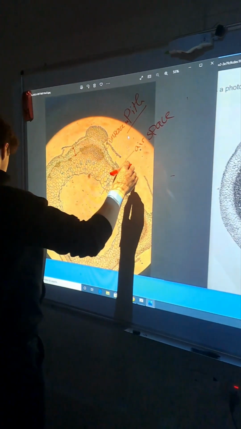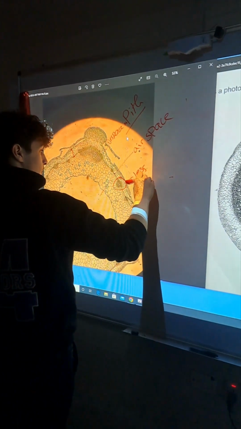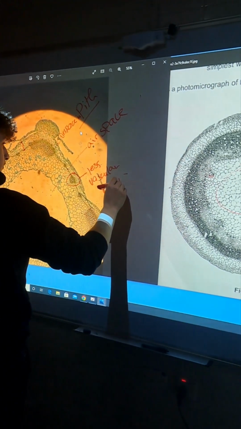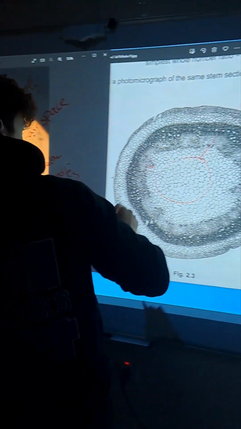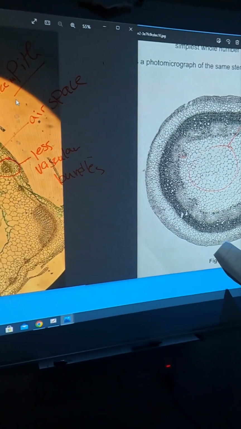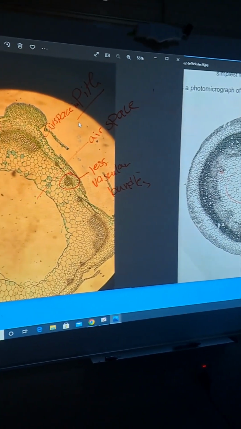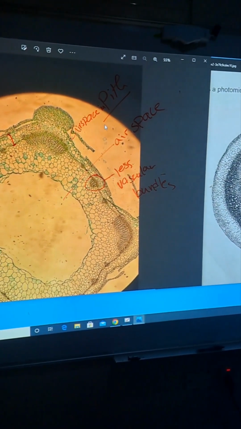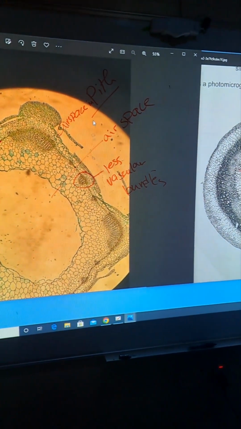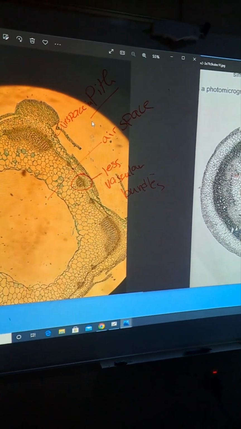Ahmed suggests that the vascular bundles in M1 slide are fewer, yes, less, but the vascular bundles in figure 2.3 are much more compared to the vascular bundle in the M1 slide. The feature would be the number of vascular bundles, less, more. The feature, the shape of the structure, circular, square. And another feature is the presence of airspace, present, absent.